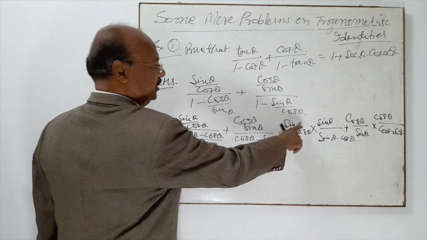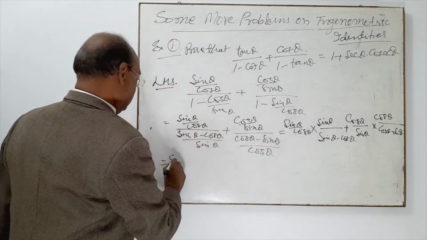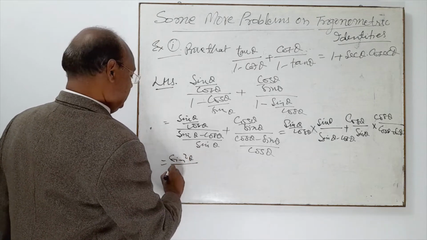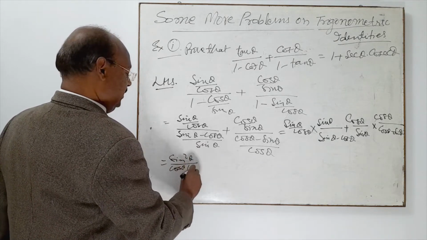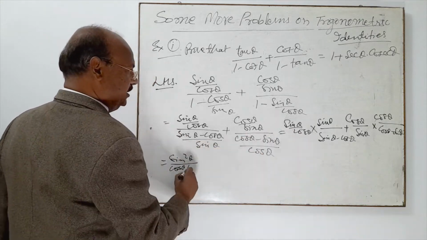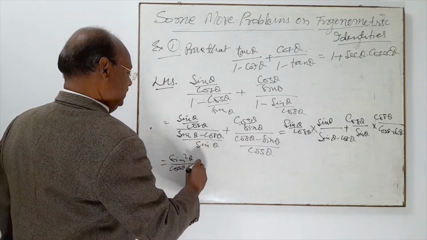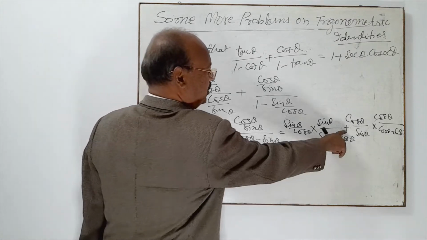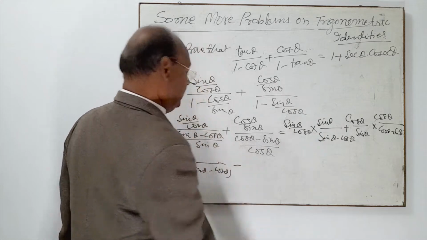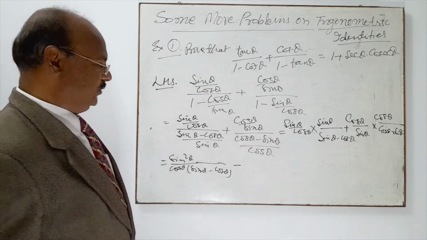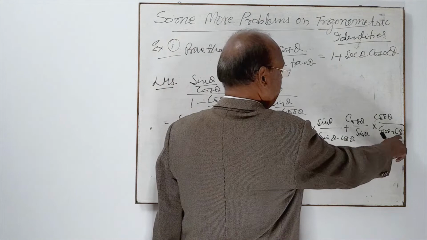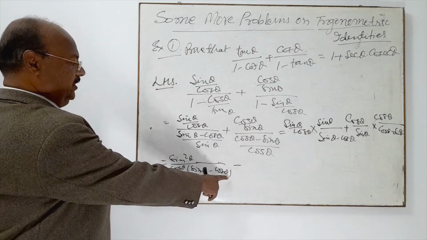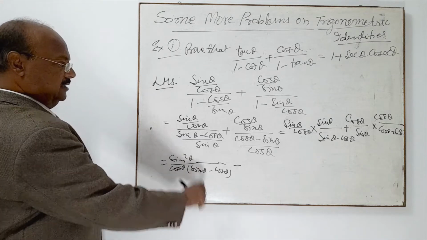In the first term the numerator will be sine square theta and the denominator is cos theta into sine theta minus cos theta. Here, in place of this plus sign, we will write a minus sign, so that we could write cos theta minus sine theta as sine theta minus cos theta. That will be the same as it is here.